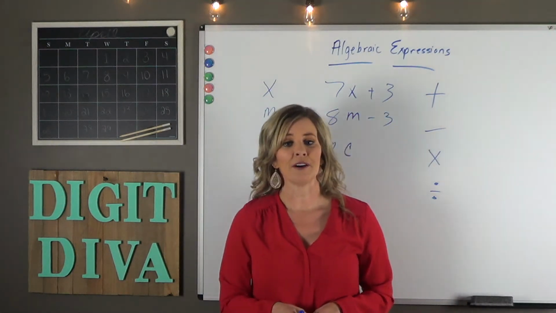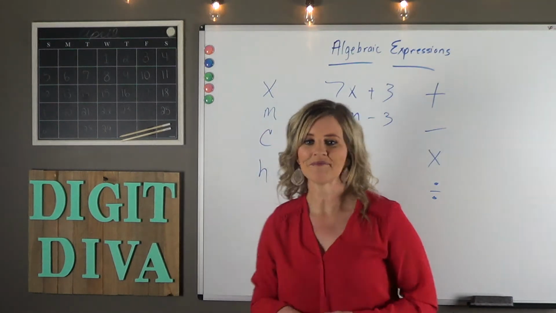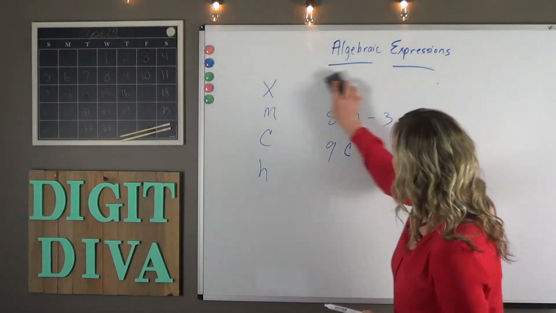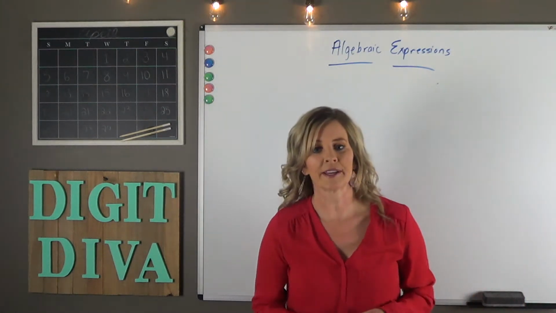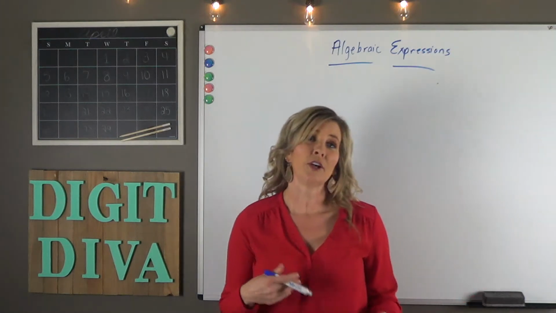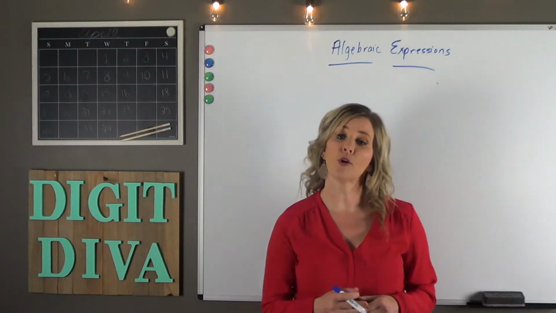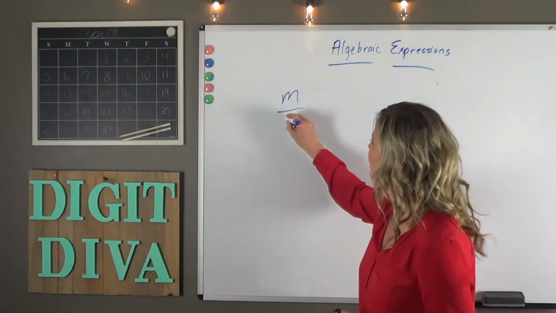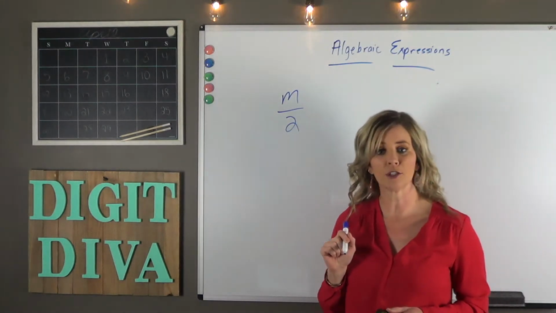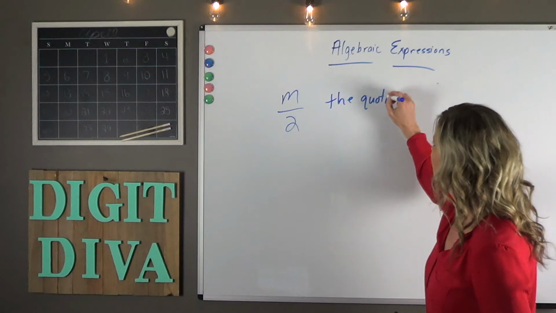What I want to do now is I want to practice forming some algebraic expressions. So if I would ask you to write the algebraic expression that would go along with the quotient of m and 2. So that would look like this. M divided by 2.